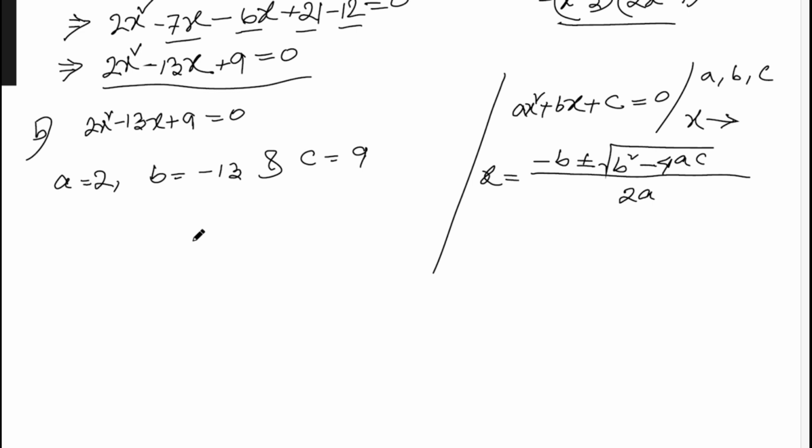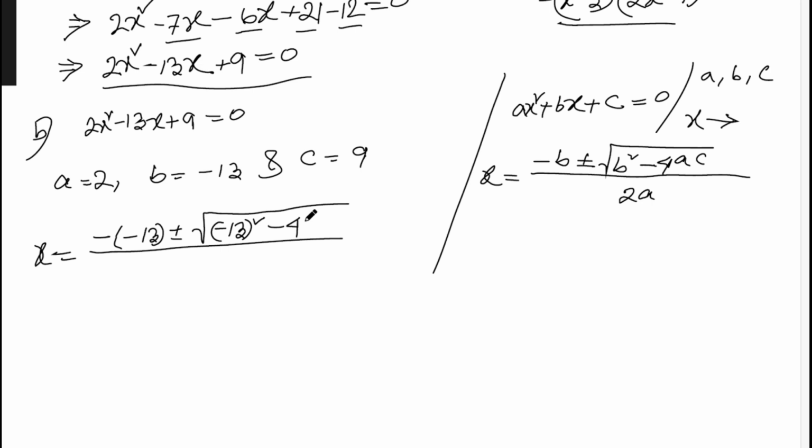So if we put the values of a, b, and c in the equation, we will get x is equal to minus b, and the value of b is minus 13, then plus minus square root of minus 13 square minus 4 multiplied by 2 multiplied by 9, which is the value of c, over 2 multiplied by a, and the value of a is 2.